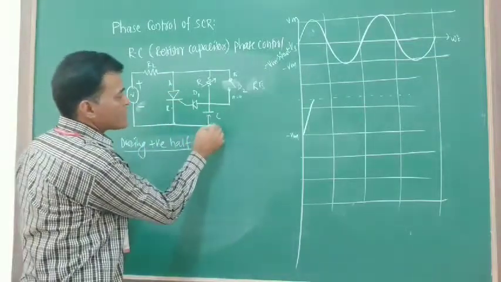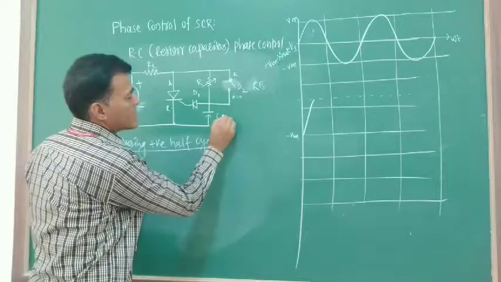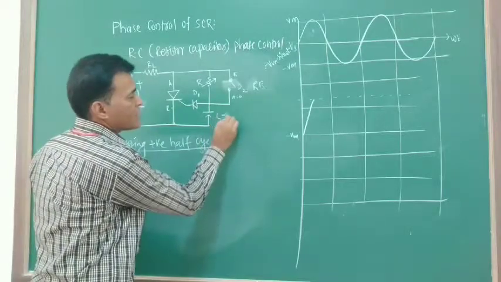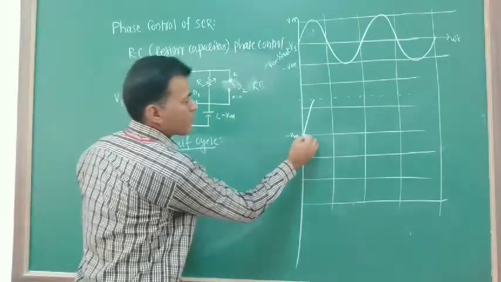Now the voltage across this is minus Vm at the beginning, right?